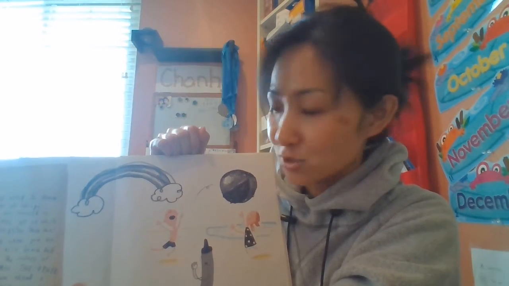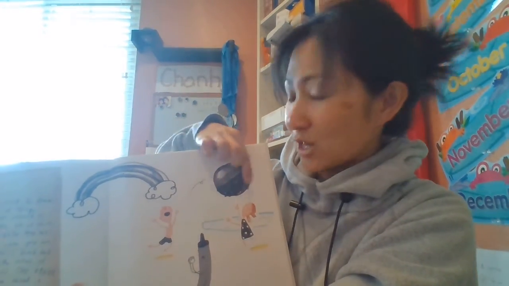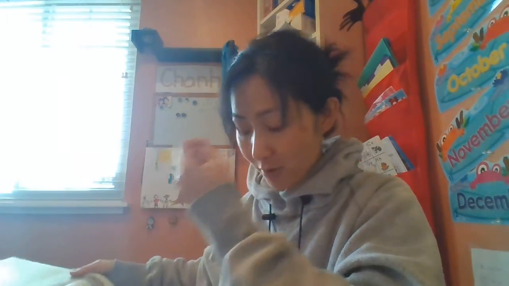So he wants Duncan to try coloring the whole thing black instead. Now in class, there are reasons why we don't use black a lot, because black sometimes can be too dark and we won't be able to see what we draw. But just for the sake of this lesson, we only use black.